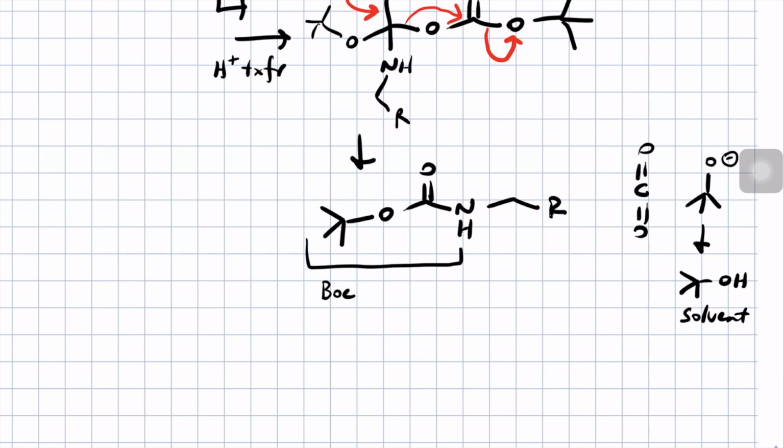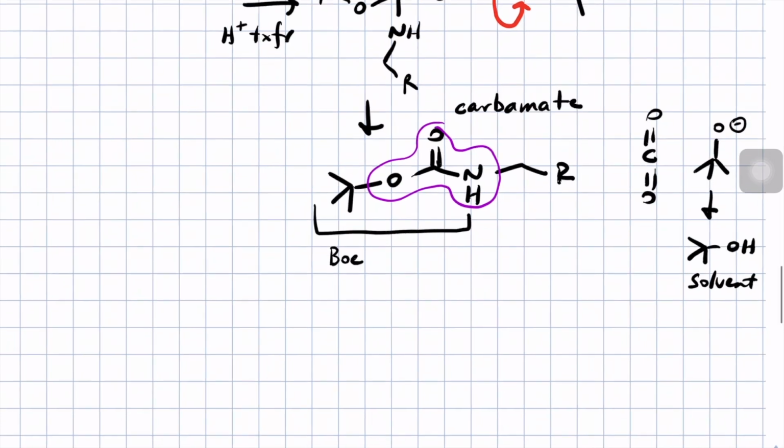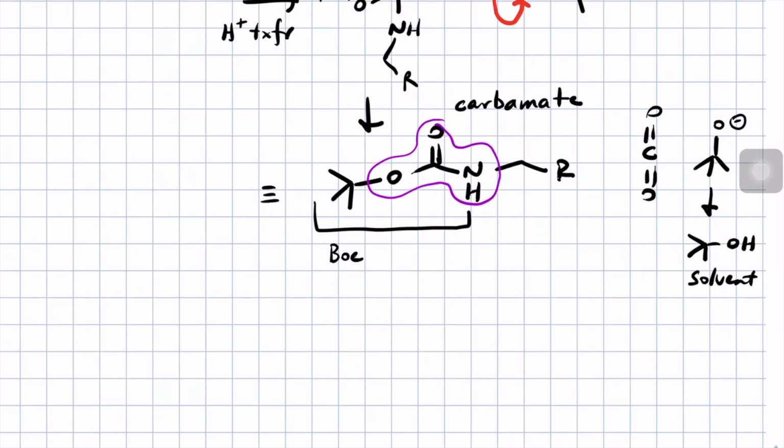That functional group is called a carbamate. And we'll abbreviate this protecting group as Boc-NH, and then whatever else is attached to that nitrogen.